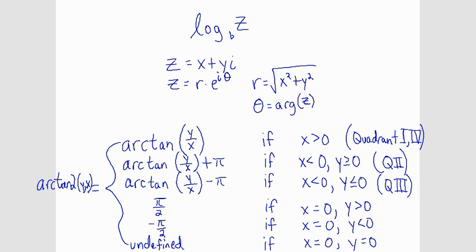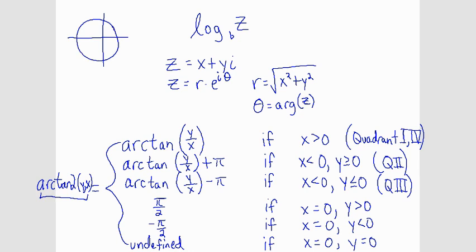The argument of a complex number is defined to be the two-dimensional arctangent of our components y and x. Now let's really quickly think that we're going to be using arctan. Arctan is a function that is defined between the interval of negative pi over 2 to pi over 2. But when we think about our complex plane, we have a full 360 degrees to rotate around. So we make adjustments like this along the way.